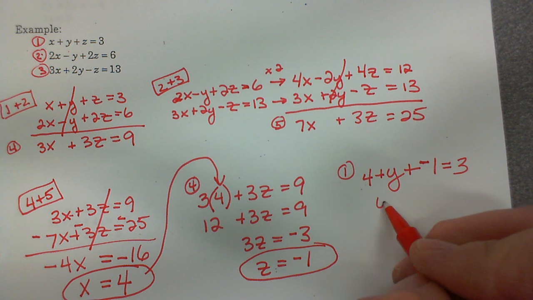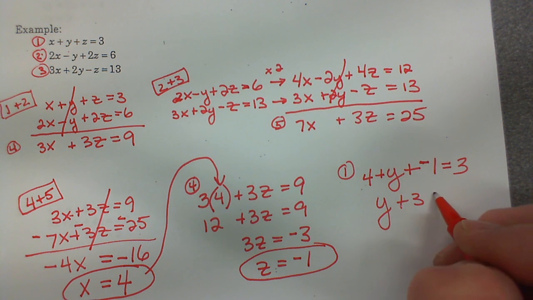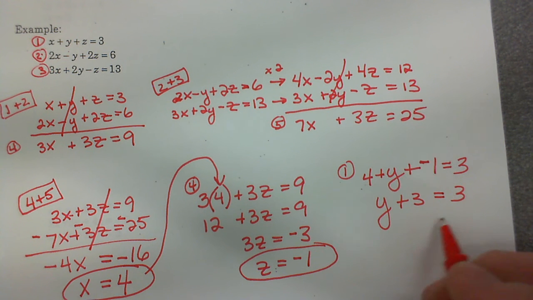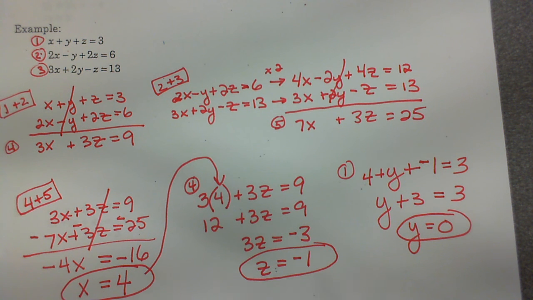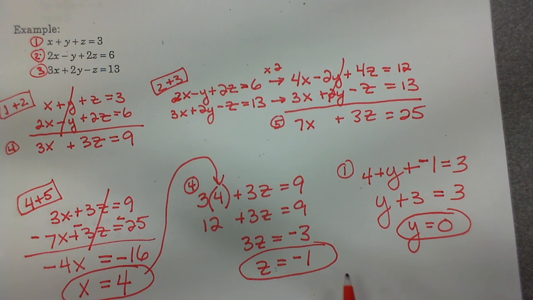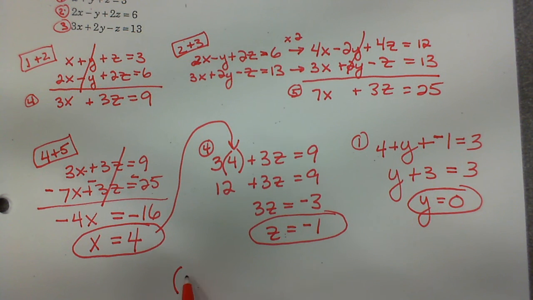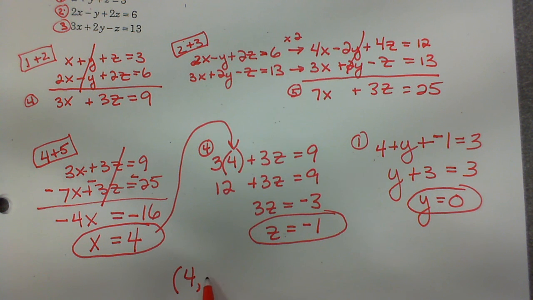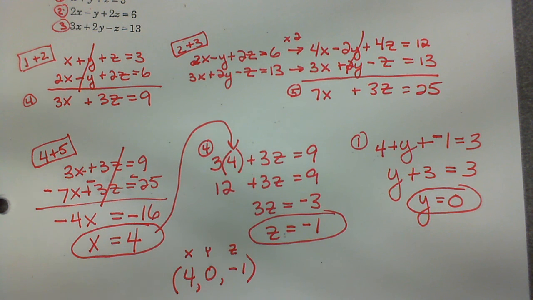So we combine like terms, 4 plus a -1 is a +3, equals 3, subtract 3, y equals 0. So your answer, x equals 4, y equals 0, and z equals -1. And typically you will see that written in this format. 4, 0, -1, and it's just alphabetical. This is your x, this is your y, and this is your z. Okay? So here's your first example.